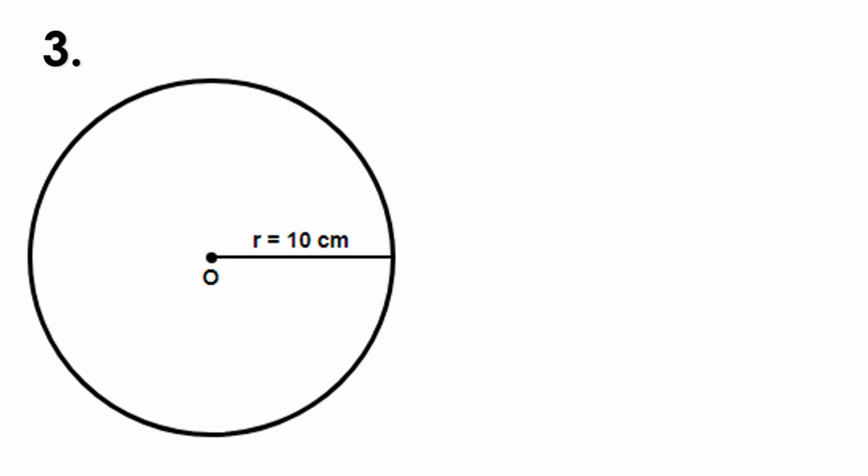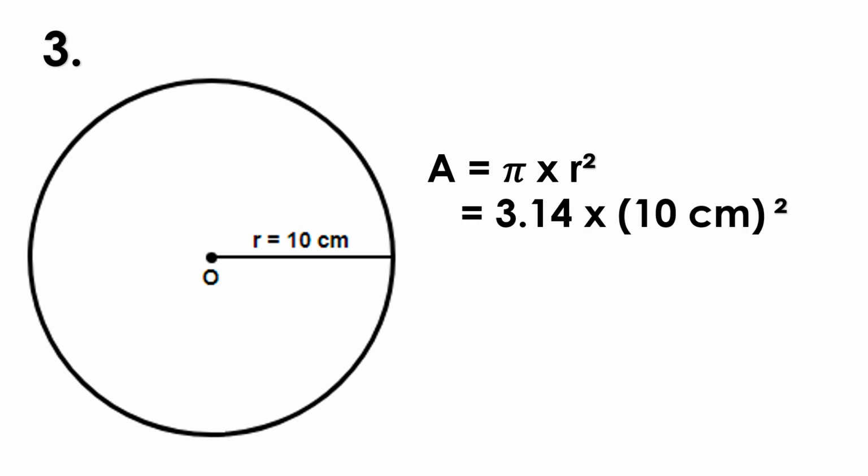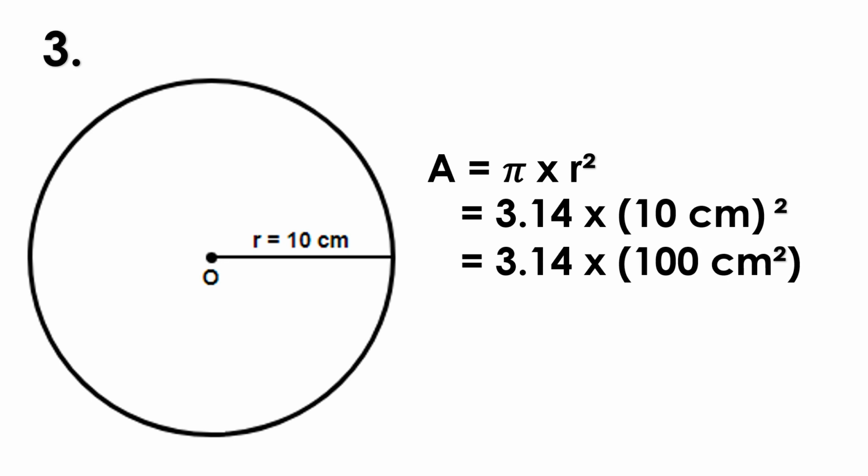The radius given is 10 centimeters. Write again the formula. A equals pi times r squared is equal to 3.14 times 10 centimeters squared. 10 centimeters squared is equal to 100 centimeters squared times 3.14, and the answer is 314 centimeters squared.